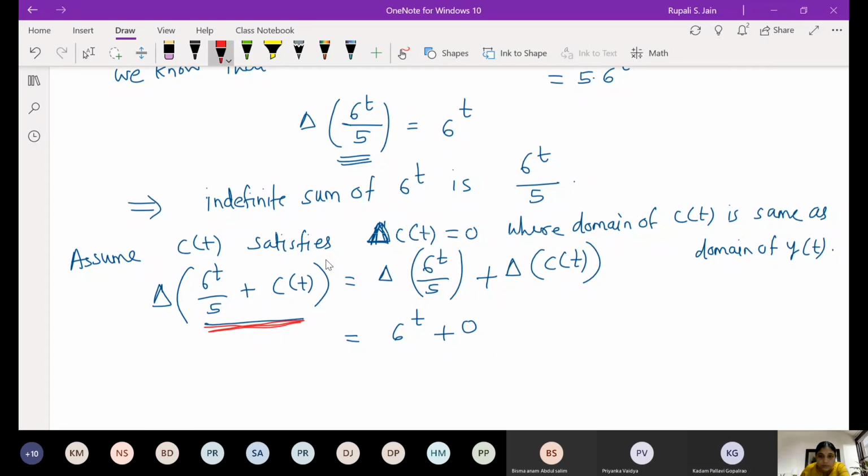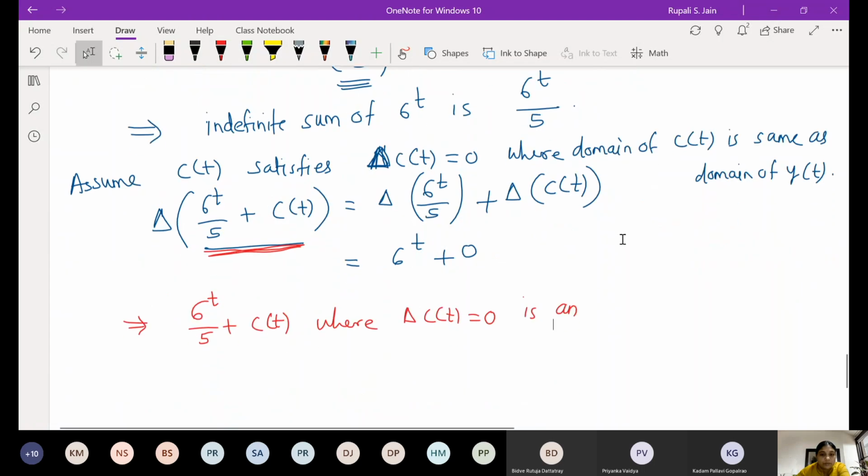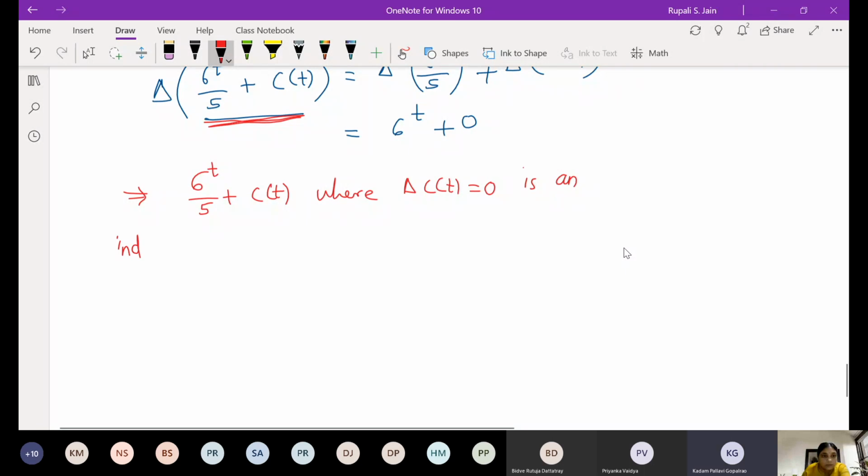So not only 6 raised to t by 5, but 6 raised to t by 5 plus some function c of t, where delta c of t is equal to 0, is an indefinite sum of 6 raised to t.